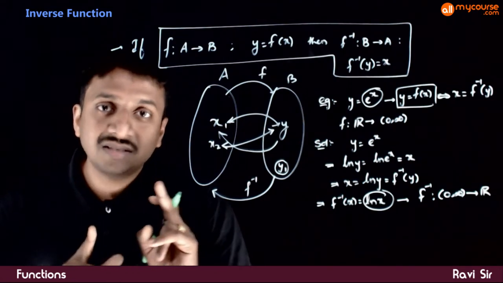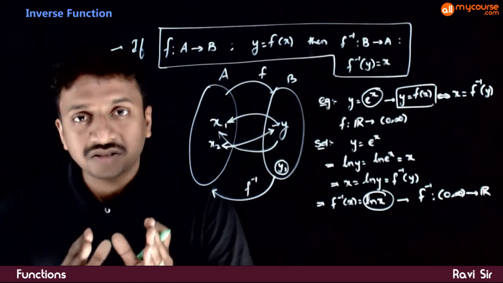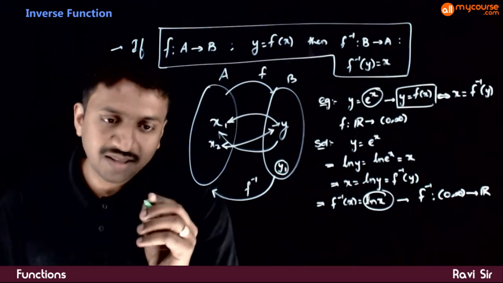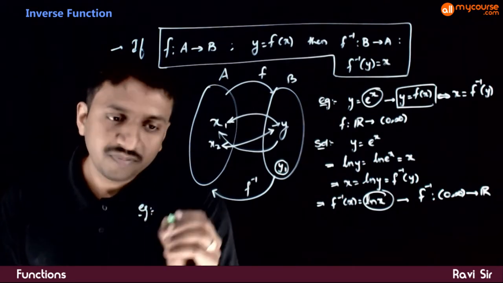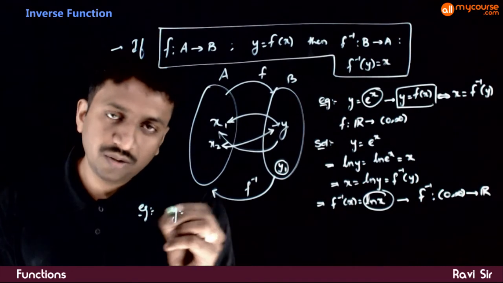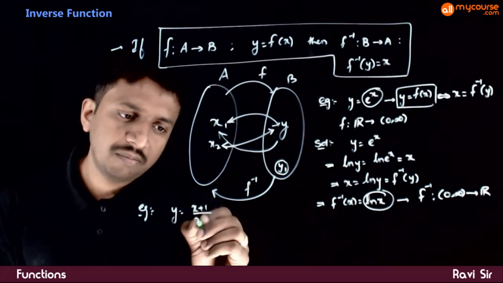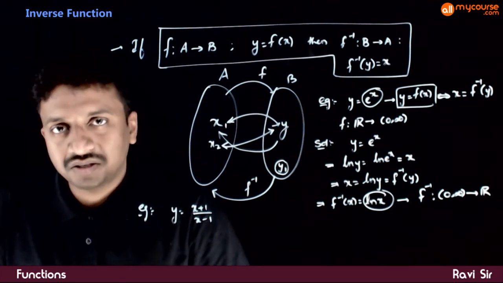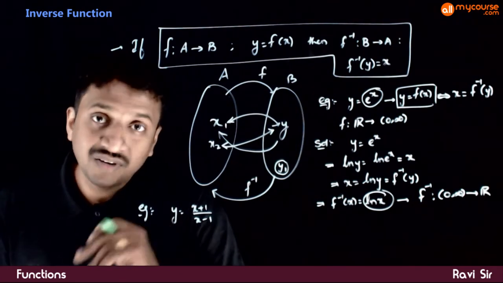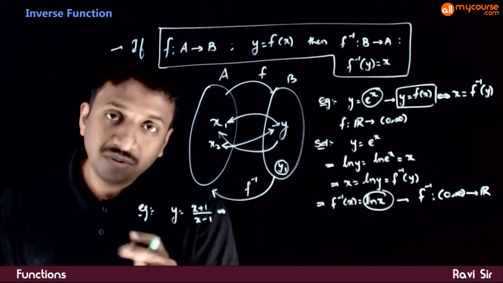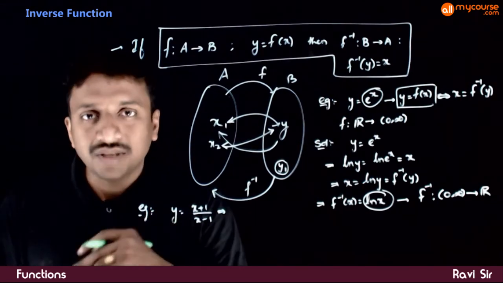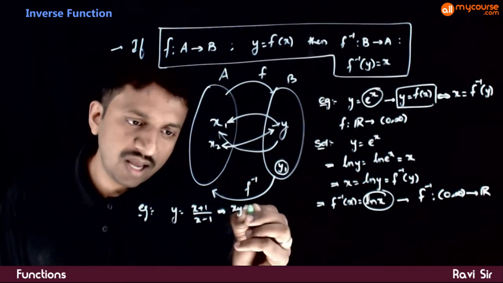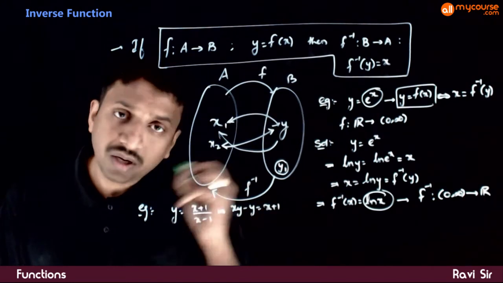So if you are given y is equal to f of x, the inverse function can be found by finding x is equal to f inverse of y. Let's take another very simple example. y is equal to x plus 1 by x minus 1. If you are asked to find the inverse of this function, you just need to convert this into x is equal to something. So I'll do the cross multiplication. xy minus y is equal to x plus 1.